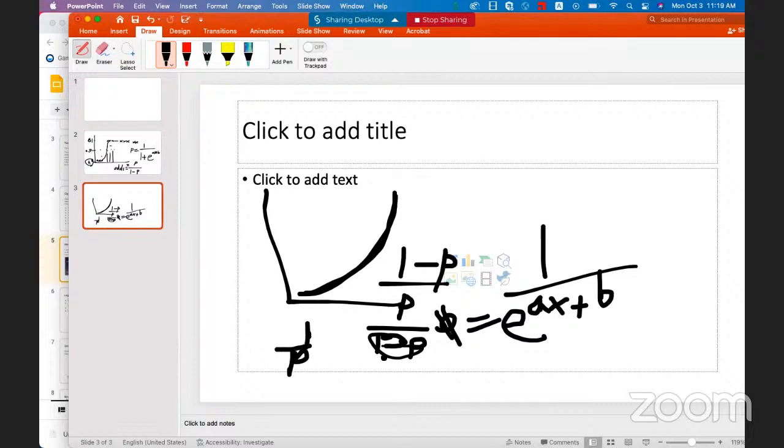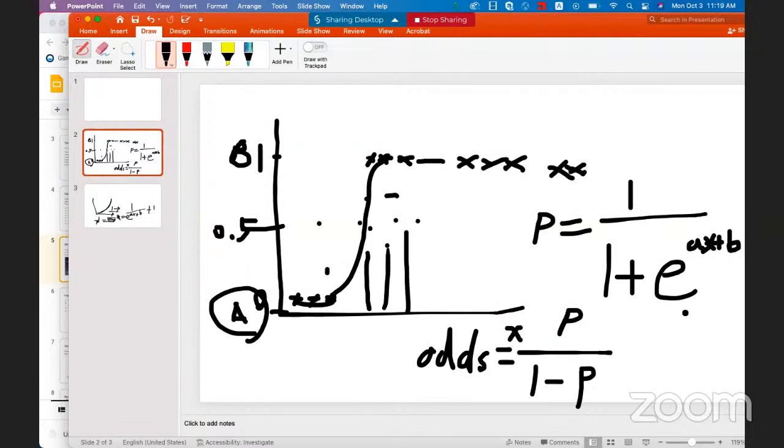This minus 1 can be moved to the side. And at the end, you get this equation: P equals 1 divided by 1 plus e to the power of ax plus b.